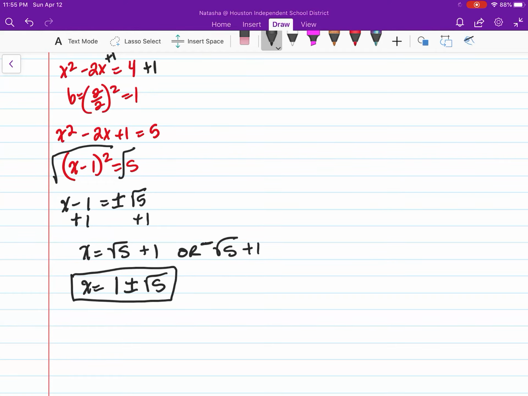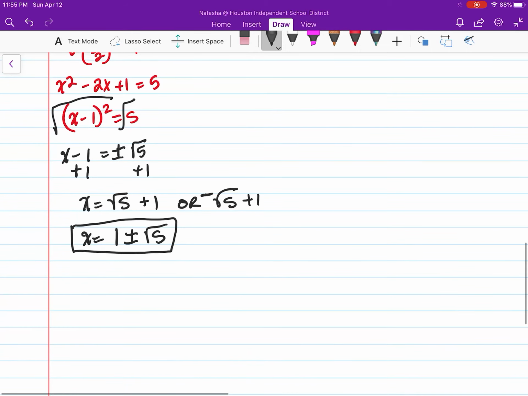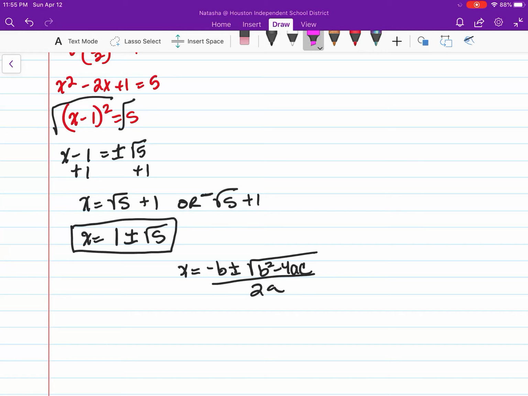Now, there's a couple reasons we'll get deeper into why this is a better way to write your answer, but I can talk about it real quick. Specifically, it's the quadratic formula. X is equal to negative b plus or minus the square root of b squared minus 4ac all over 2a.